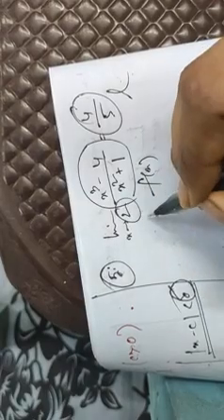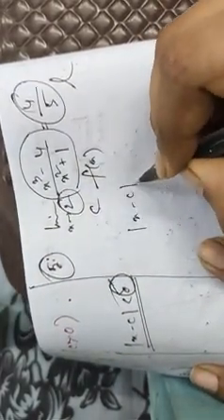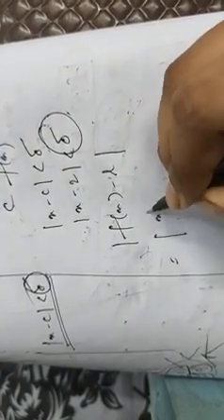This is f(x), this is L, and this is our c. Always |x minus c| is less than delta, that means |x minus 2| is less than delta. We have to find that delta. Starting with f(x) minus L, put the value: (x cube minus 4) by (x square plus 1) minus 4 by 5.